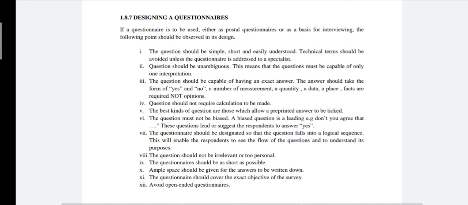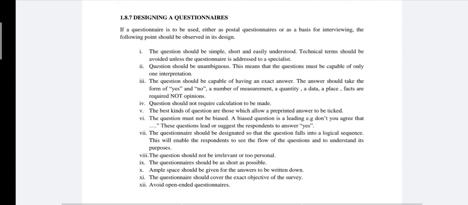Okay, the last one adalah designing the questionnaire. Okay, this is the beberapa tips ataupun step how to create a good questionnaire.